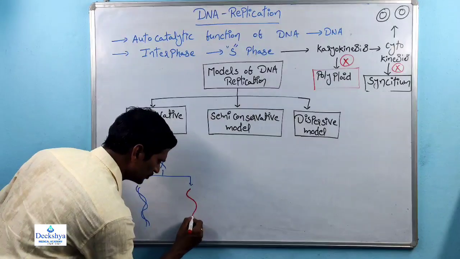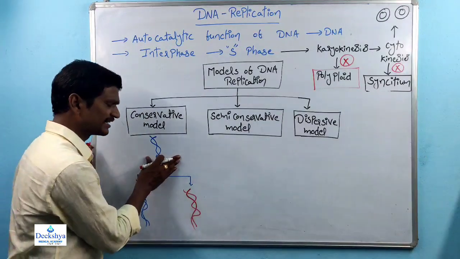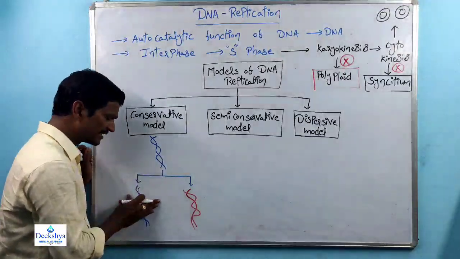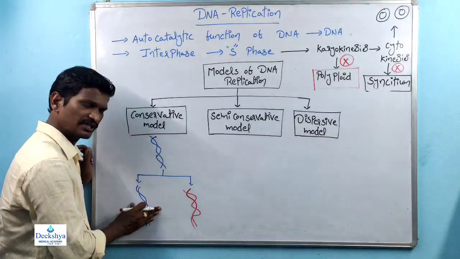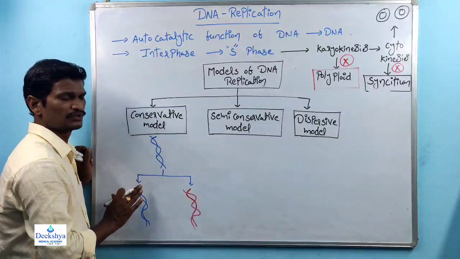What I am telling here is that the parental DNA remains as it is after DNA replication. The complete parental DNA enters one daughter cell, and the newly synthesized DNA enters the other daughter cell.